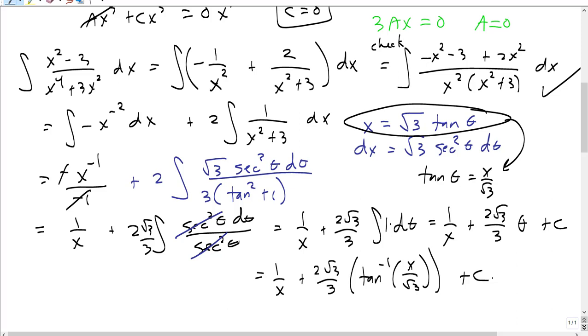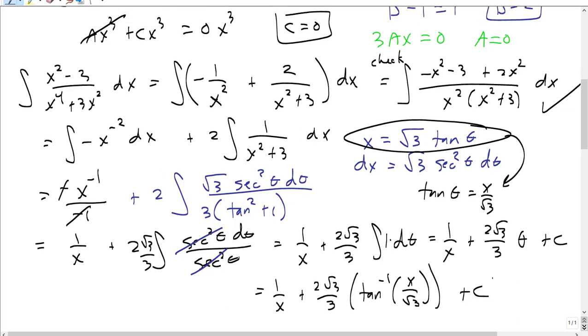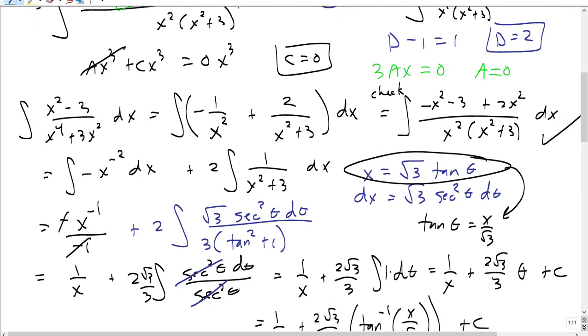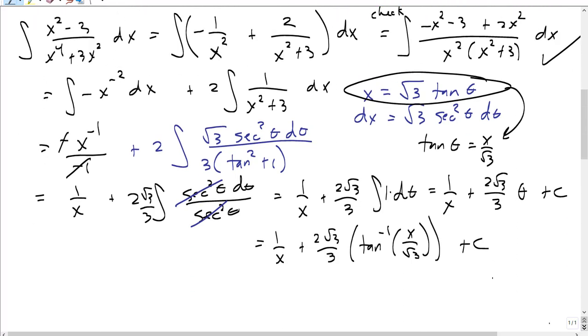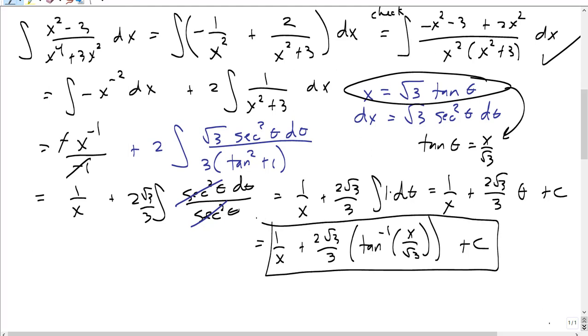Well, we had a 2 in front of it, but other than that 2, the integral of 1 over x squared plus 3 is going to be root 3 over 3 arctangent of x over root 3. Not something I know off the top of my head, so I do that with trigonometric substitution.